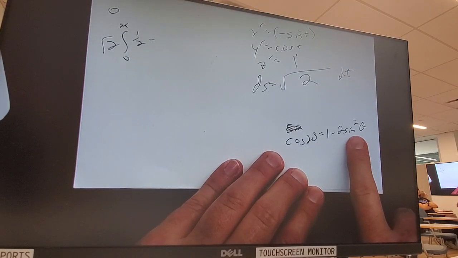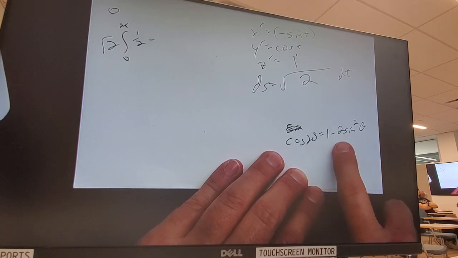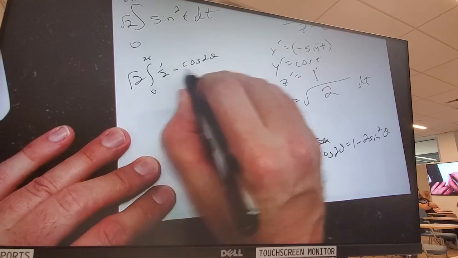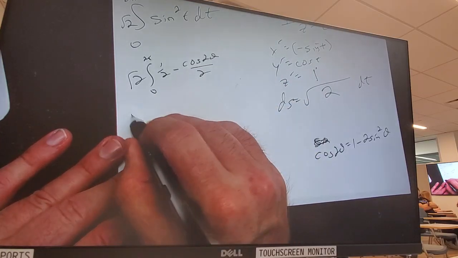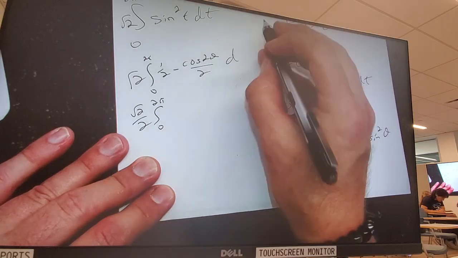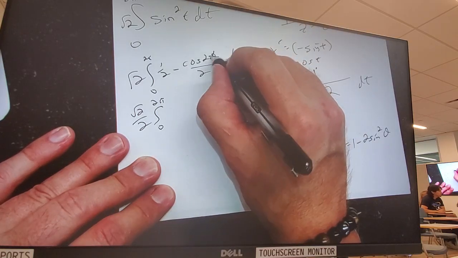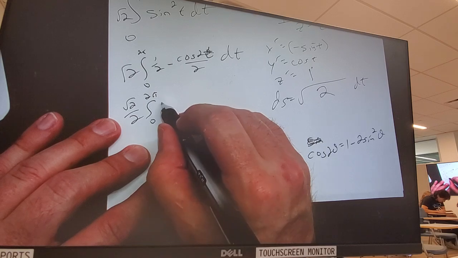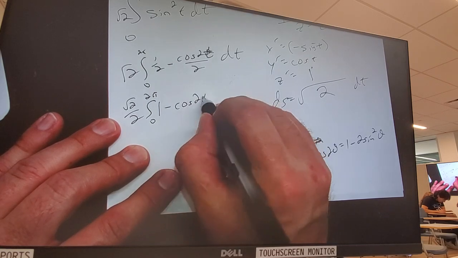So if you solve for sine squared, you'll get 1 minus cosine 2 theta over 2. But what I normally do is I just pull the 1/2 out. Oops, t. Pull the 1/2 out, and I just get 1 minus cosine 2t.